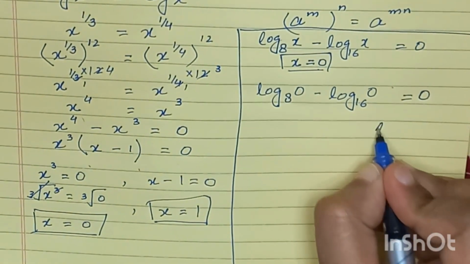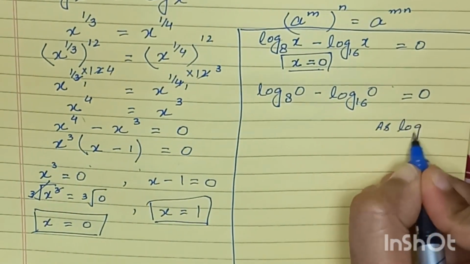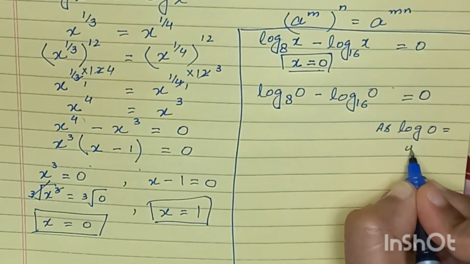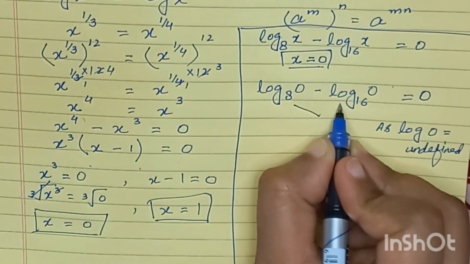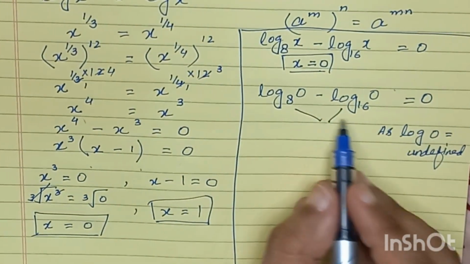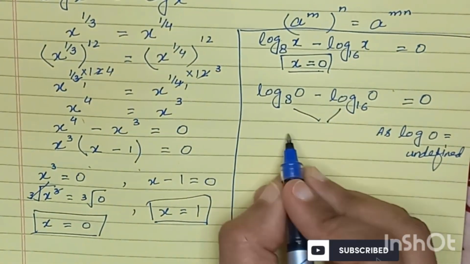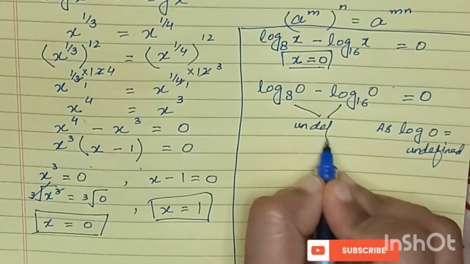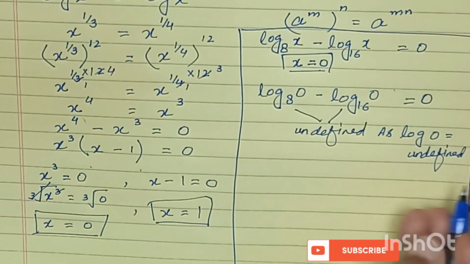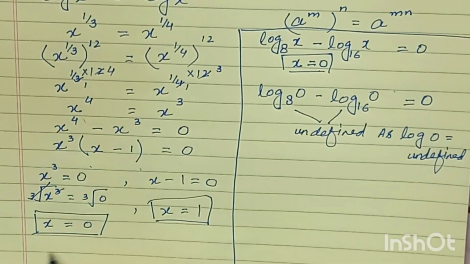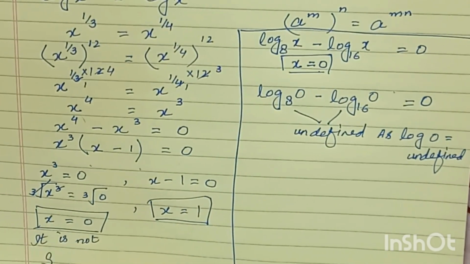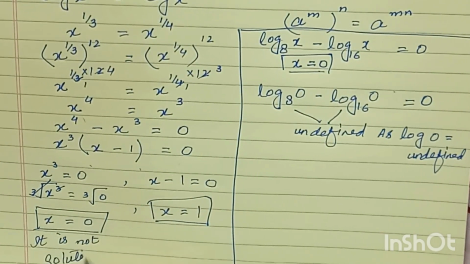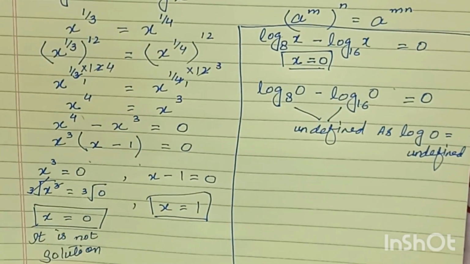As log of 0 is undefined, it means the subtraction of these two terms is also undefined. So it is not a solution. So x is equal to 0 is not a solution.